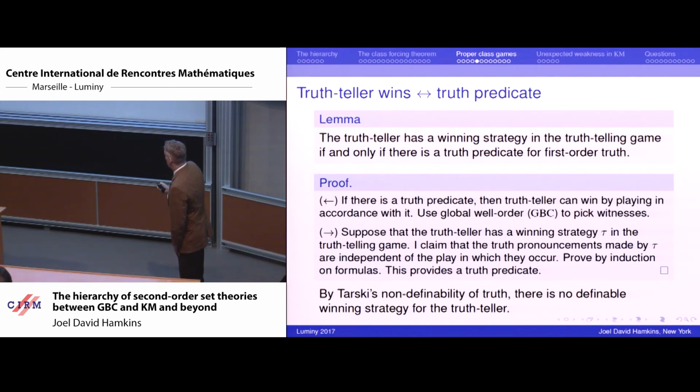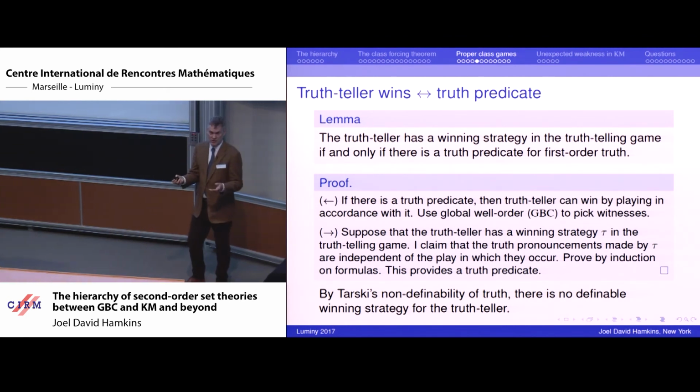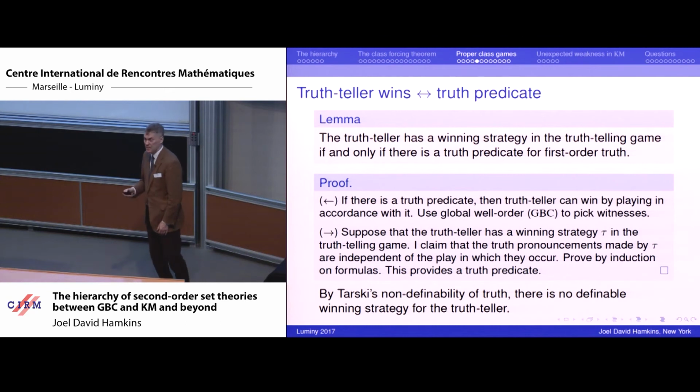Conversely, if the truth teller has a winning strategy, then I claim that the truth pronouncements made by that winning strategy are independent of the order in which the interrogator asks the questions. All the truth assertions will always be the same. And you can prove that by induction on formulas.